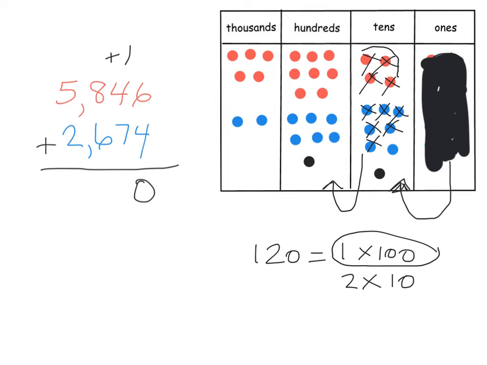So how many tens do I have left? I have 2 groups of 10, which is 20. But remember, I did move one of them over to the hundreds spot, so I need to mark that here, which is one group of 100 into the hundreds column.